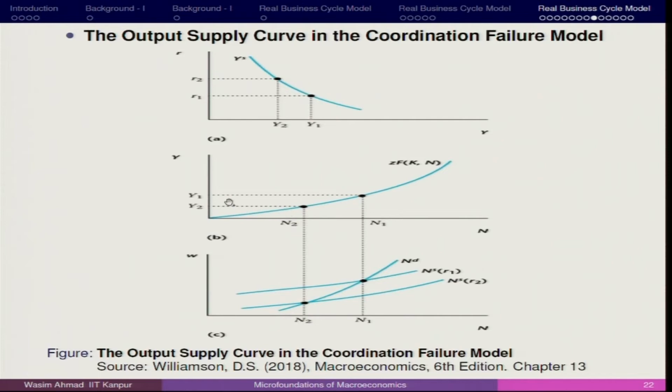You will find that the output decreasing from Y1 to Y2 has more to do with labor supply. So, labor supply is decreasing more strongly than at the original point. Here you have N1 and here N2, and the demand and supply of labor also change. So, N1 and N2 play an important role.